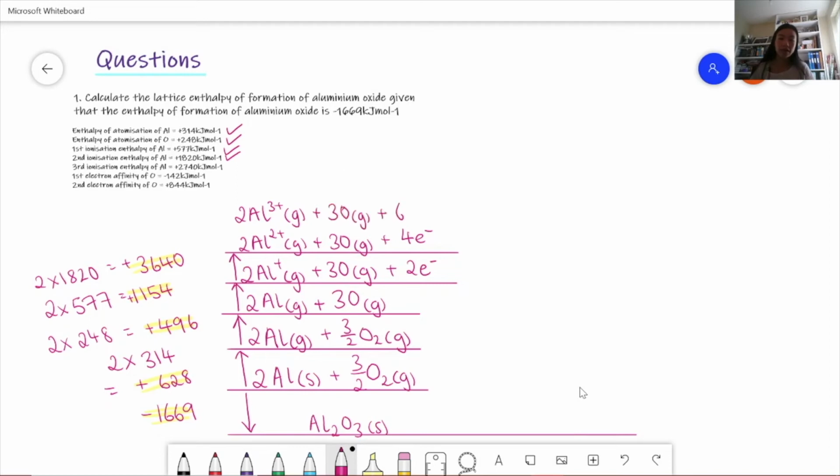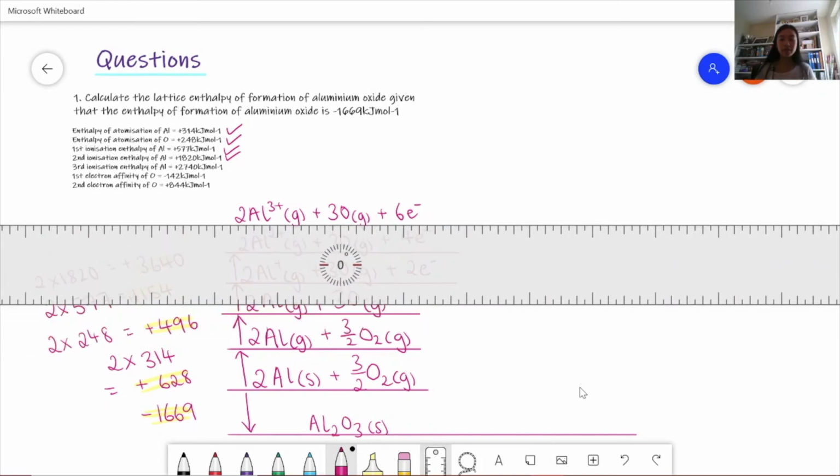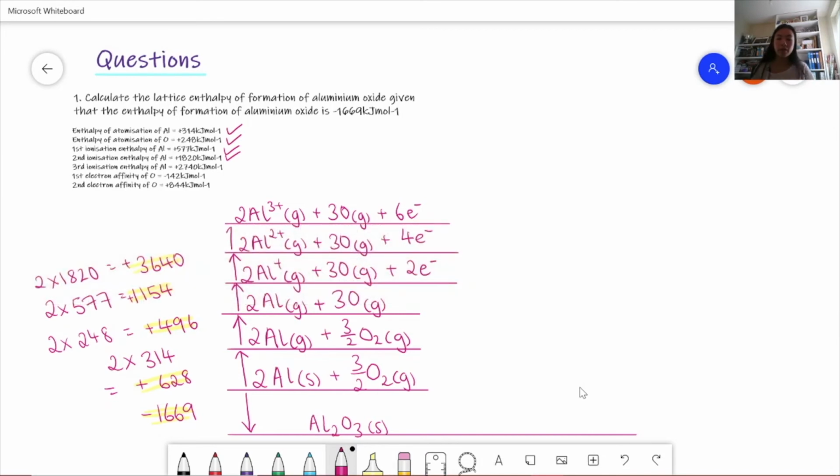But now we have 6 electrons because again we've removed 1 electron from each of the Al 2 plus gaseous ions. Then an arrow up, and now we're going to have 2 times 2,740, and that equals 5,480 kilojoules per mole.